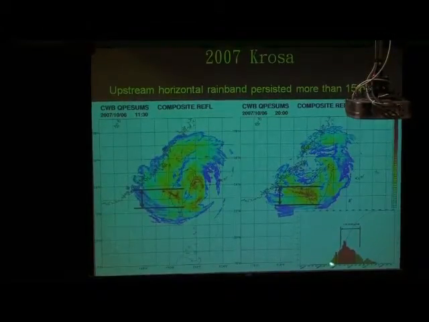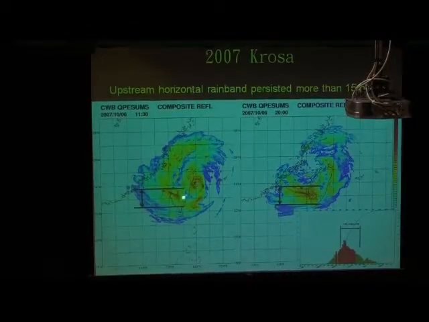And here is the average rainfall over the same area, which I just pinpointed on the mountain top, mountain area. As you can see here, in these 15 hours, the average rainfall is higher than 20 or 25 millimeters.